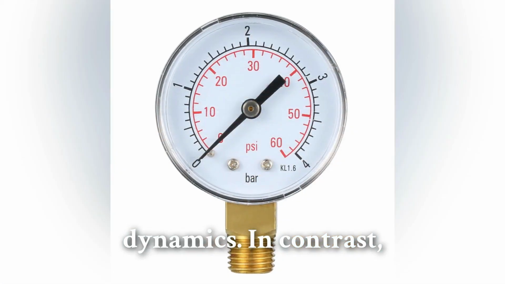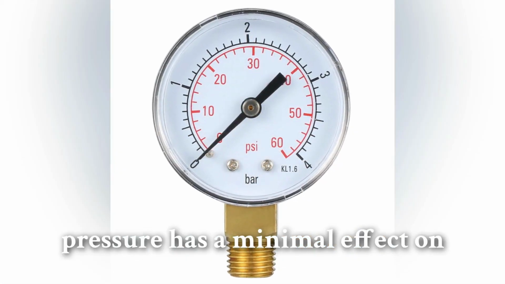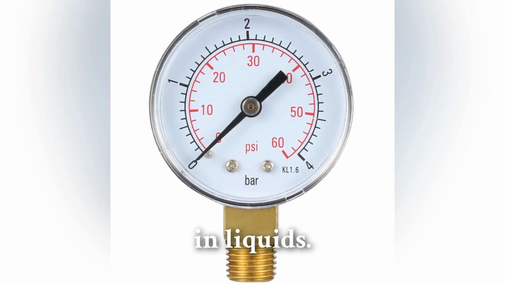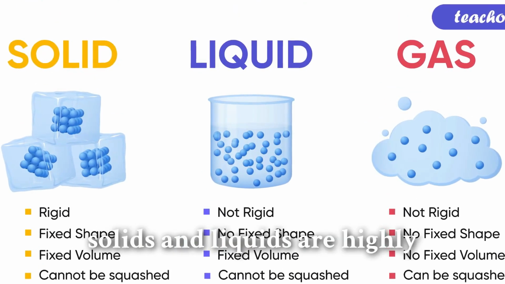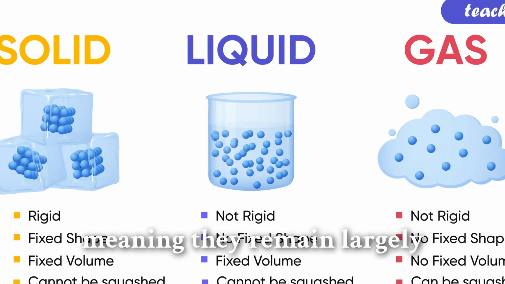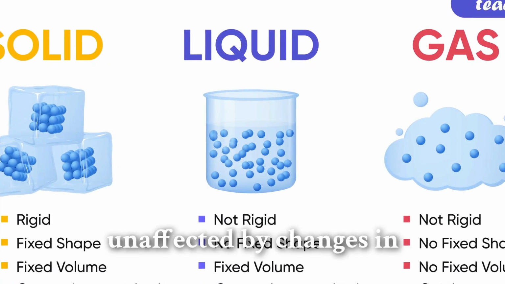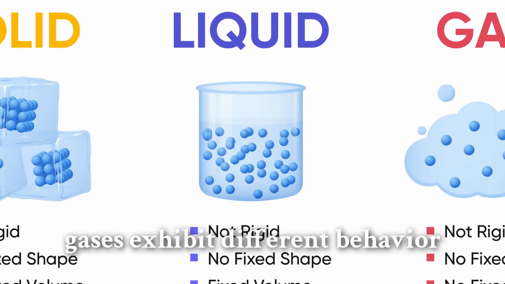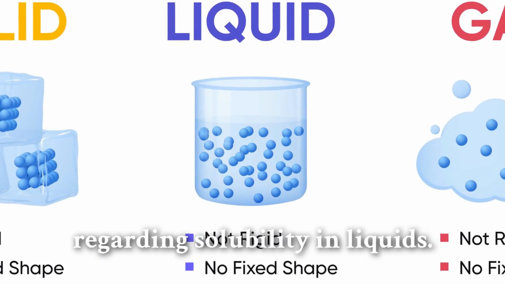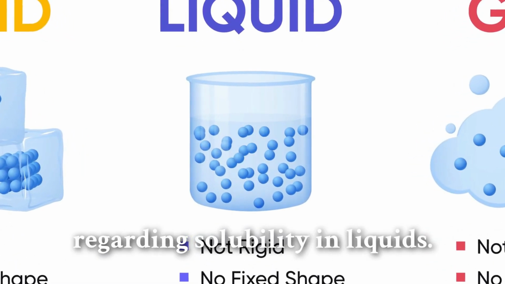In contrast, pressure has a minimal effect on the solubility of solids in liquids. This is primarily because both solids and liquids are highly incompressible, meaning they remain largely unaffected by changes in pressure. However, gases exhibit different behavior regarding solubility in liquids.